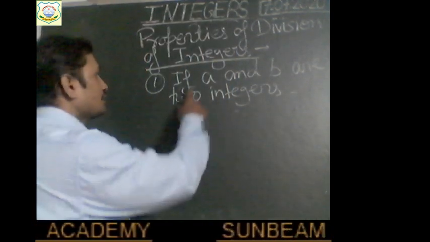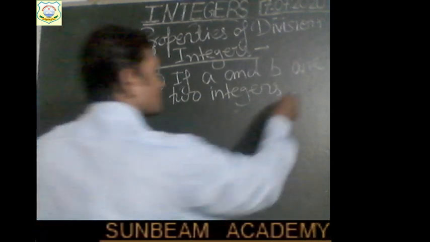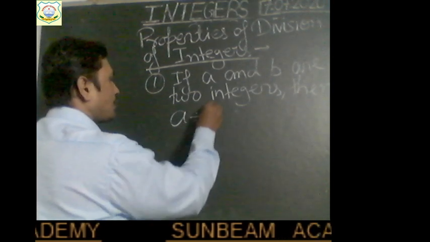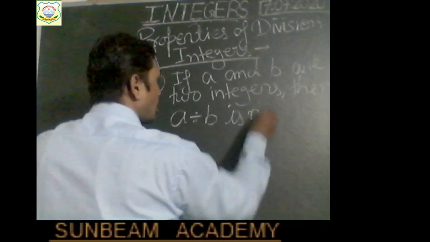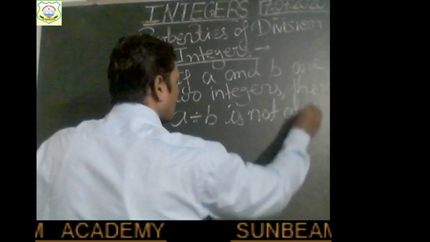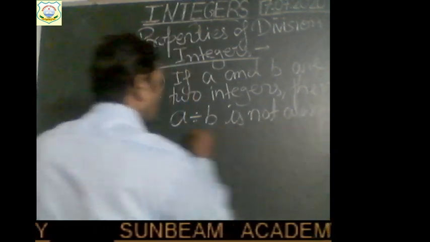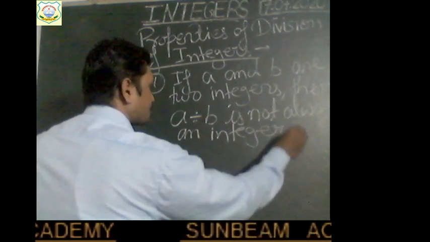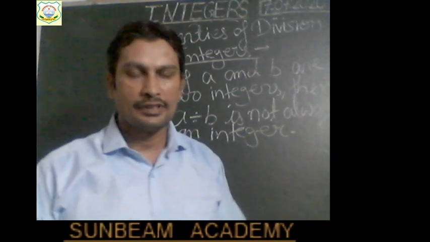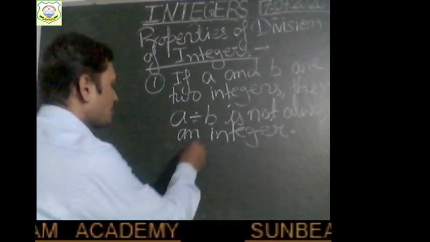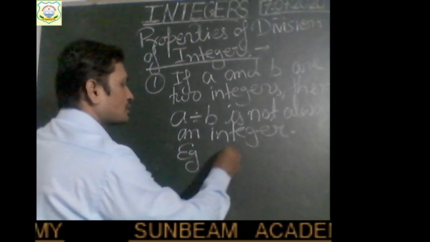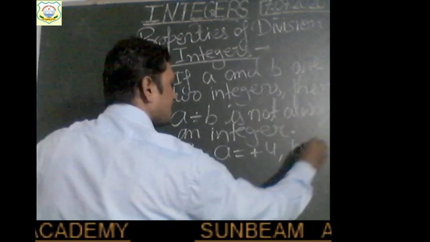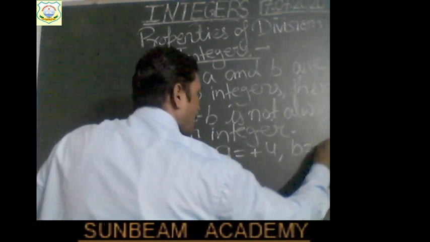So we can say if A and B are two integers, then A divided by B is not always an integer, right? So for example, suppose A equals plus 4 and B equals minus 8.